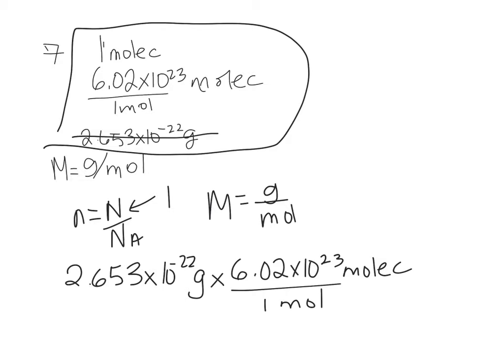Molecules. So one molecule cancels. Multiply the numbers on top, divide by the numbers on the bottom. Some of you got the right answer, but you did not include this at all. So you lost part marks just for not showing all of your work.